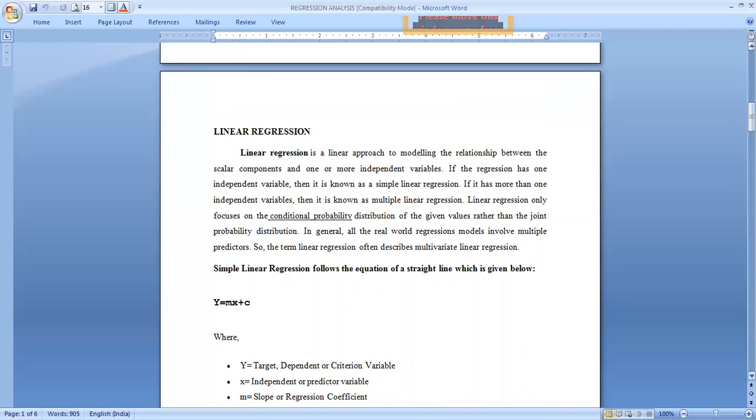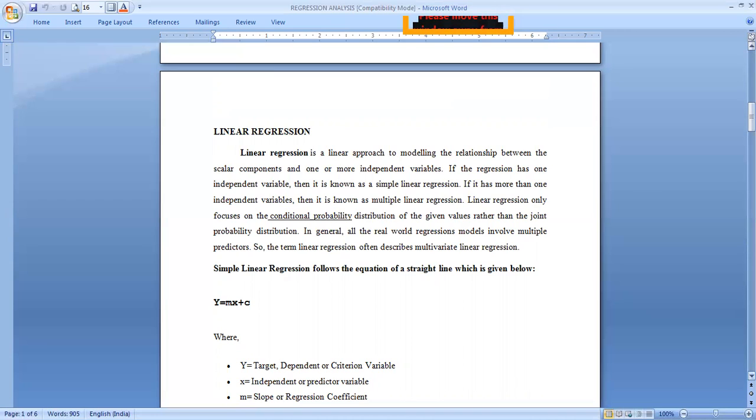If the regression has one independent variable, then it is known as simple linear regression. If it has more than one independent variable, then it is known as multiple linear regression. So, multiple linear regression will have more than one independent variable, while simple linear regression will have only one independent variable.